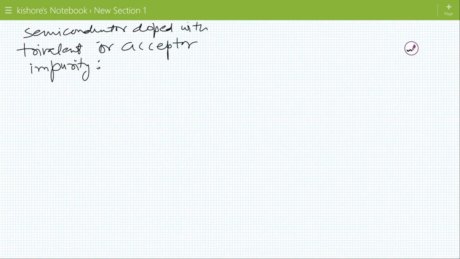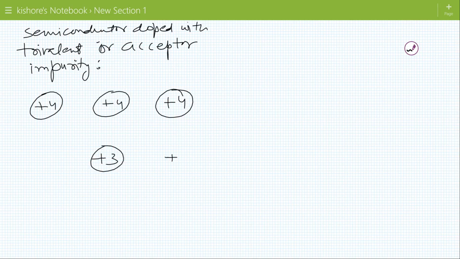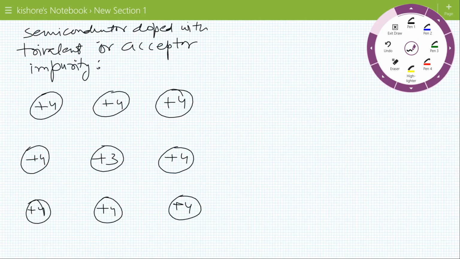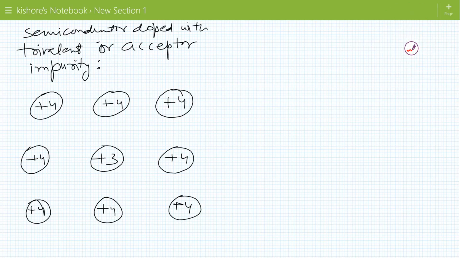So if trivalent impurity is doped in an intrinsic semiconductor, then the acceptor ion has only 3 valence electrons in the outermost orbit.